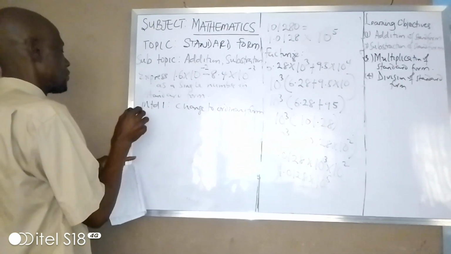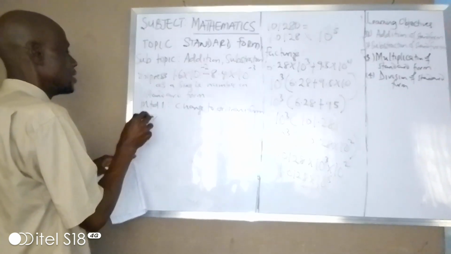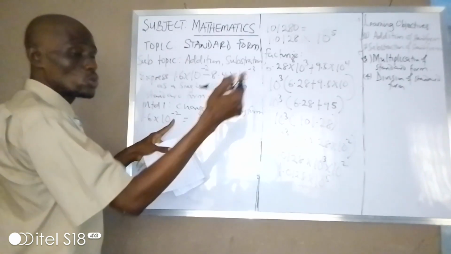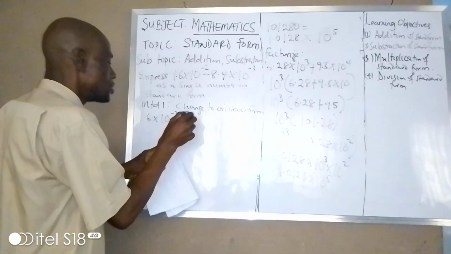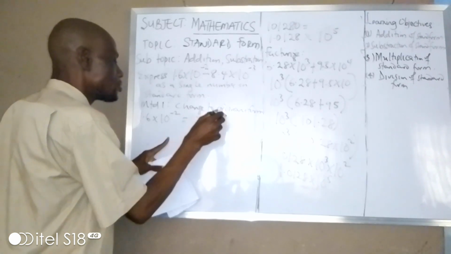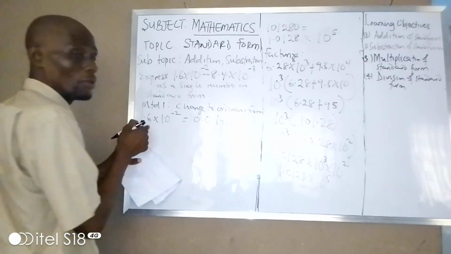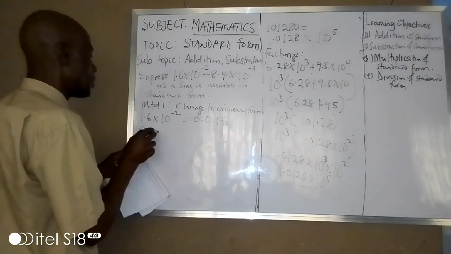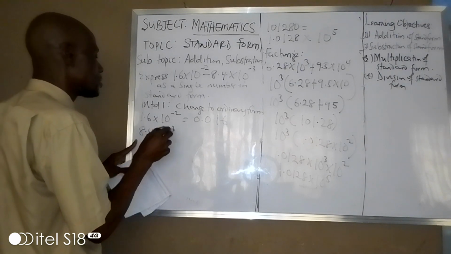First of all, 1.6 times 10 to the power minus 2. Since your n is minus 2, you are going to have 0.016. Second one, 8.4 times 10 to the power minus 3.